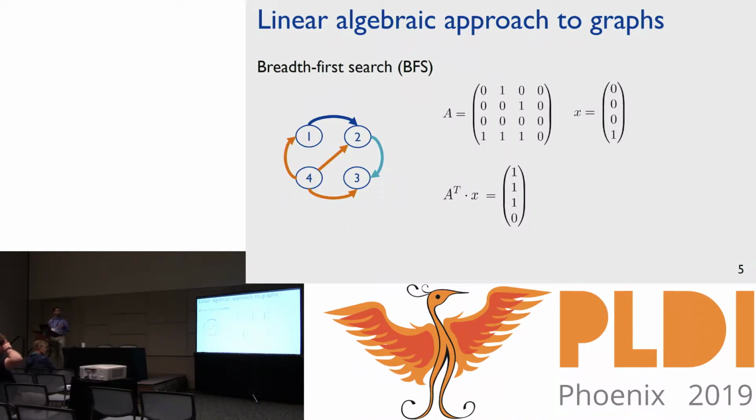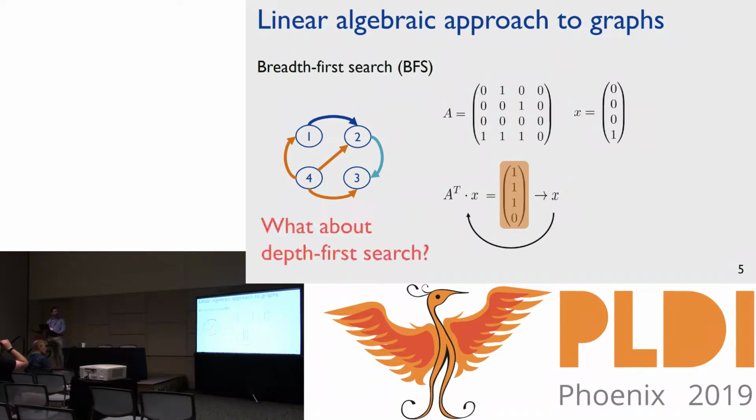This allows us to say that from node 4 we can go to node 1, 2, or 3. This is highlighted with the orange edges here. And if BFS wants to go further in the search, we can take this information, put it back into x, and iterate further.